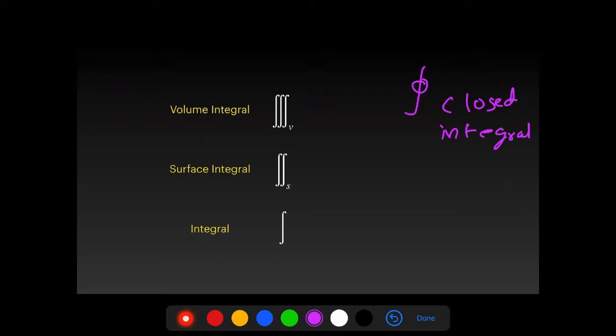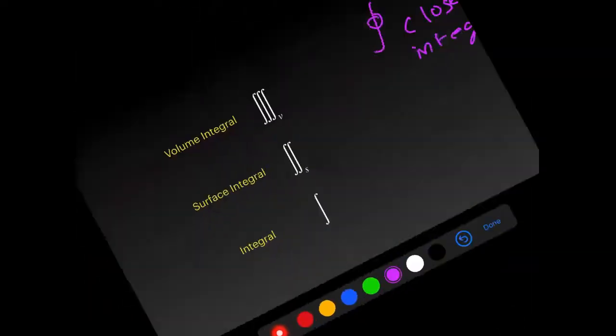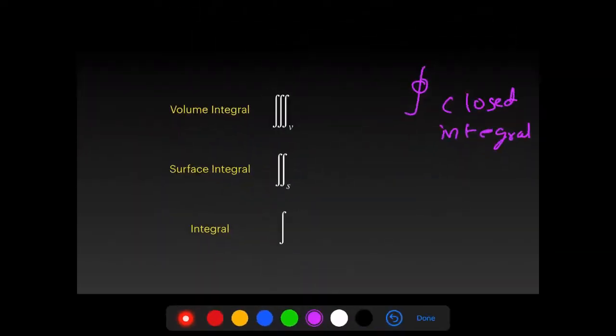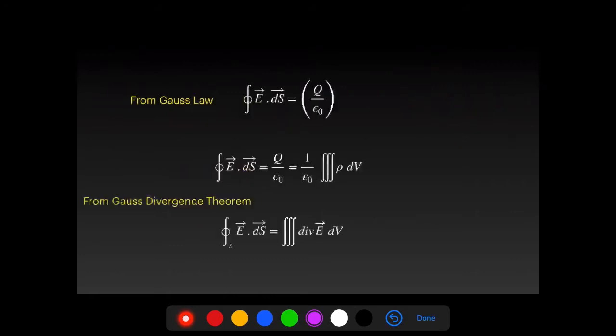Students should learn all these things thoroughly because mathematics plays a very important role in understanding physics. So try to concentrate more on each term and the reasons why we are using the specific integration, why we are using a specific charge density, what is the meaning inside it. These things have to be thoroughly learned.